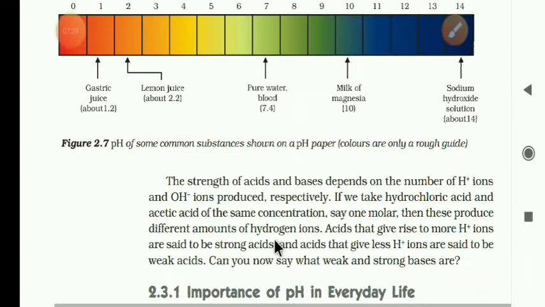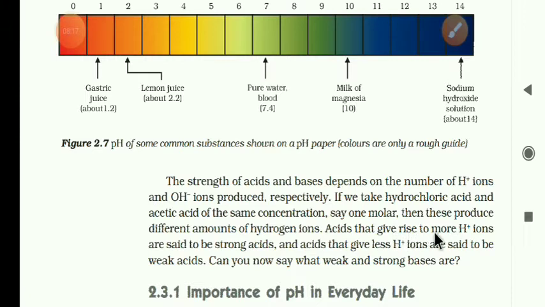See, the strength of acids and bases depends on the number of H+ ions and OH- ions produced respectively. If we take hydrochloric acid and acetic acid of the same concentration, say 1 molar, then these produce different amounts of hydrogen ions.